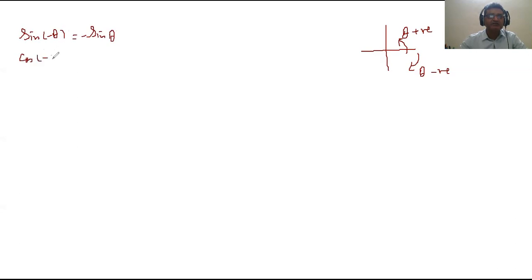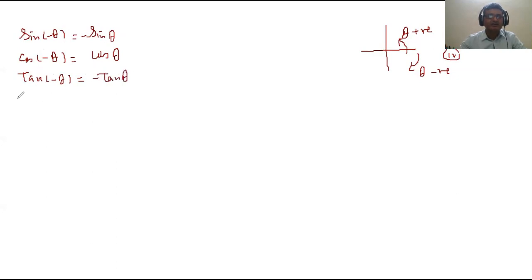Similarly, cos of minus theta is equal to cos theta. This you have to remember. Minus theta means it is in the fourth quadrant. In the fourth quadrant only cos and sec are positive, and the rest become negative. So tan of minus theta is equal to minus tan theta.